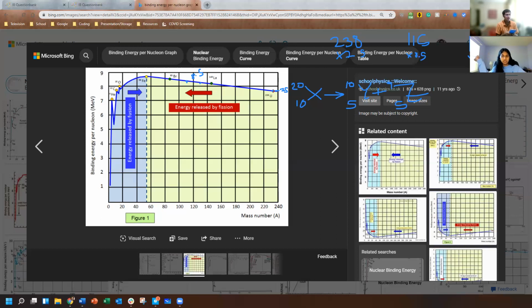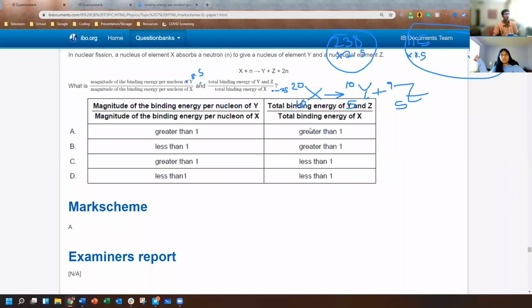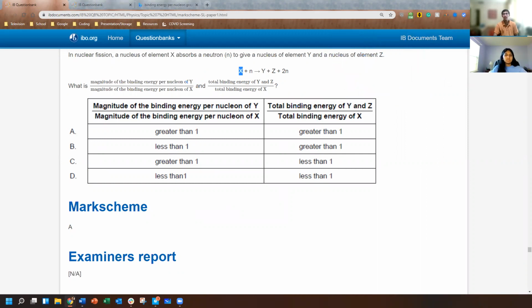Yeah. The difference is huge. This together is way more than the binding energy of uranium-238. So Y and Z together are going to be way more than X because they're approximately the same. Okay. Right? Okay, yeah.